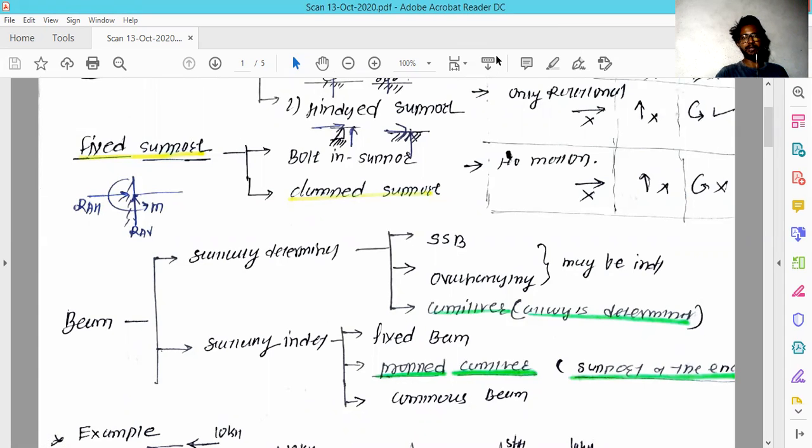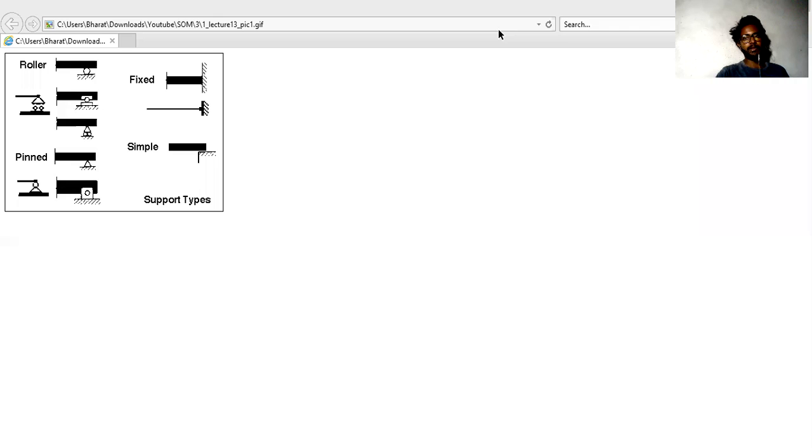There you can clearly see the difference between these kinds of support, how they look, and how you can identify them by their appearance. This chart shows the notation of each kind of support. First is the roller support. Roller support can be denoted by this symbol, first a single roller and second a double roller.